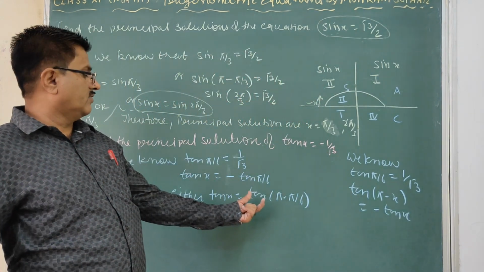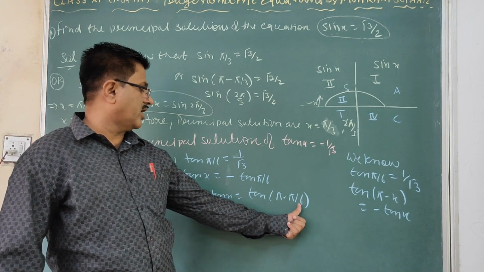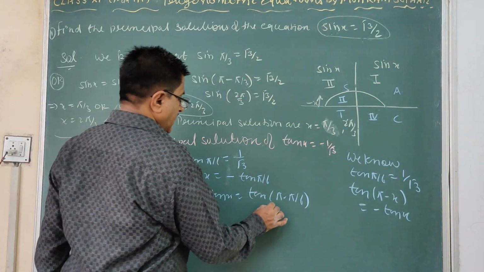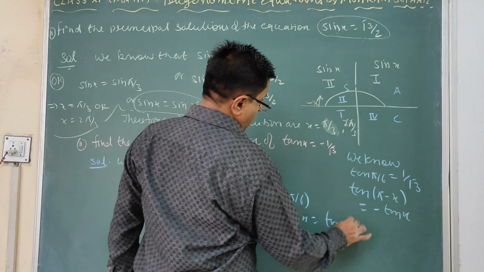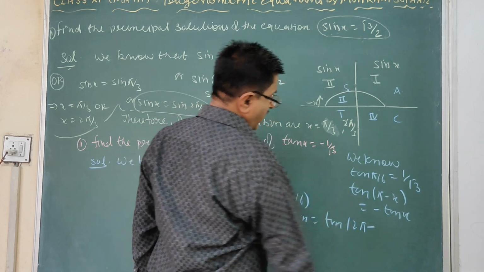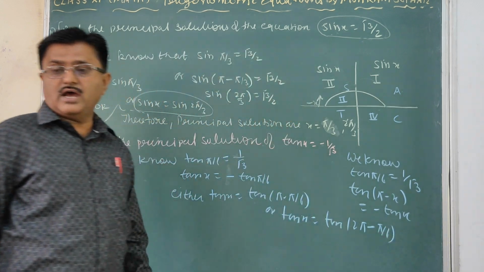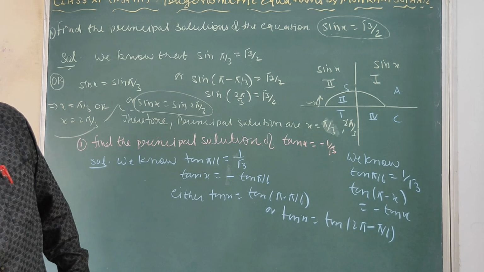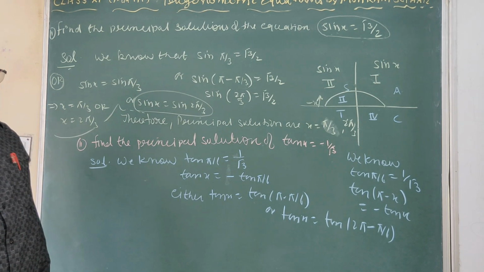We have already given the formula tan pi minus x, or tan pi minus pi by 6, equal to minus tan pi by 6. Or second, tan x equal to tan 2 pi minus pi by 6. We have also given the formula tan pi minus x and tan 2 pi minus x.